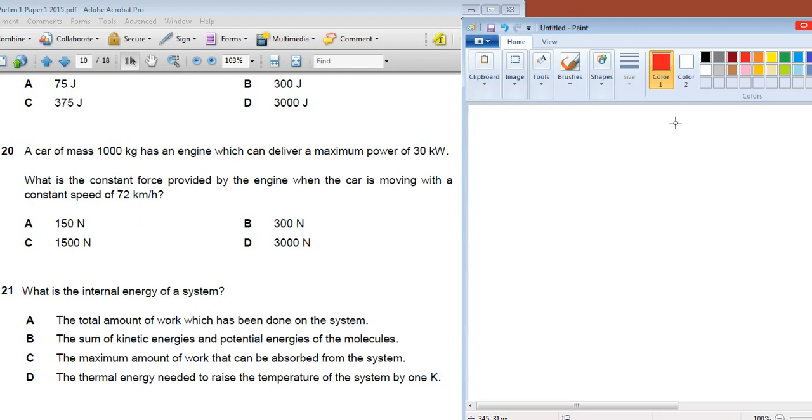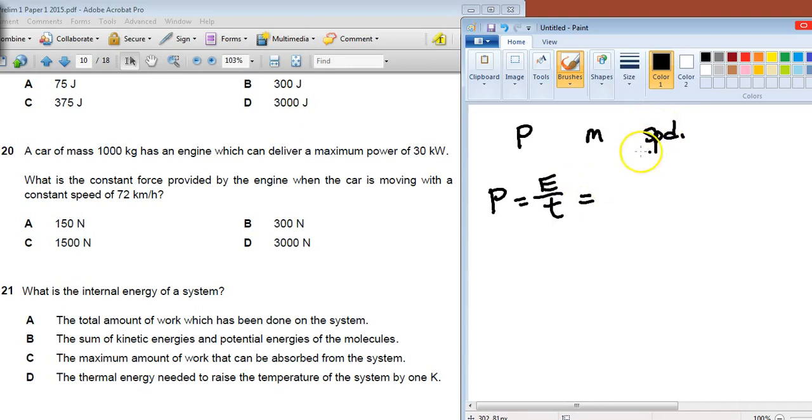Look at this question, for instance. You are given power. Okay, you are given mass, you are given speed. So how do you approach this is that, write it down. Okay, you have power, you have the mass, and you have a constant speed. So what is power? Power is energy over time, correct?